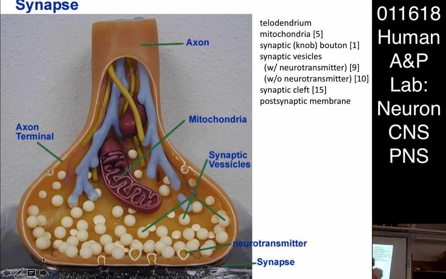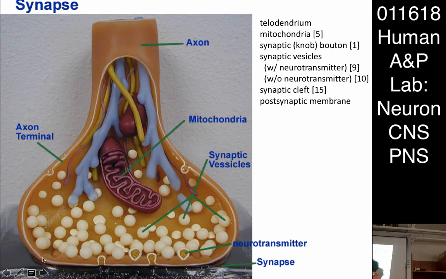Inside, we're going to have mitochondria. Mitochondria is plural, and mitochondrion is the singular.